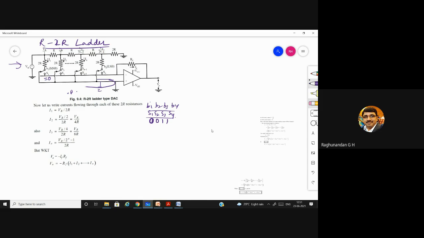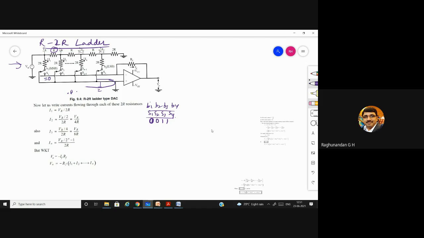Are these two branches parallel? No, sir, they're not parallel, so they're neither parallel nor series. Yeah. So these two branches are not parallel, because between these two we are having one more resistor R.